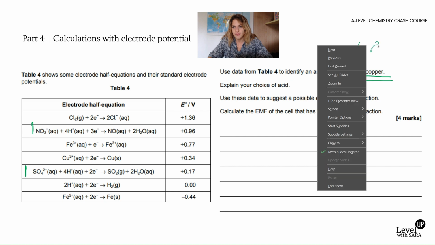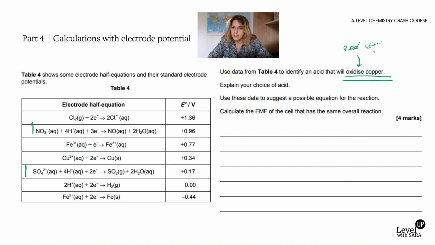So if that's our reducing agent, you need to think about the electrode potential that would be more positive than copper, because copper has to be oxidized. The oxidizing agent has to be reduced. So basically, think about we want an acid that is reduced.